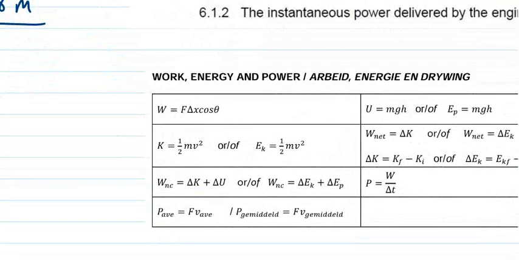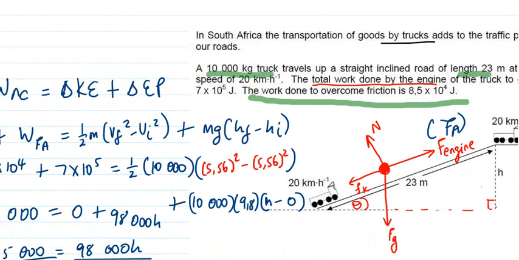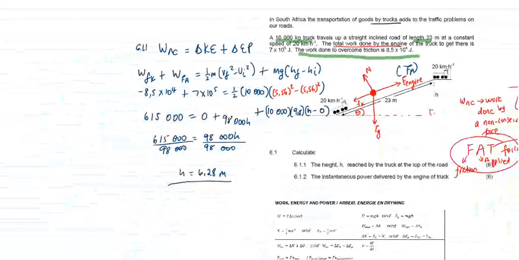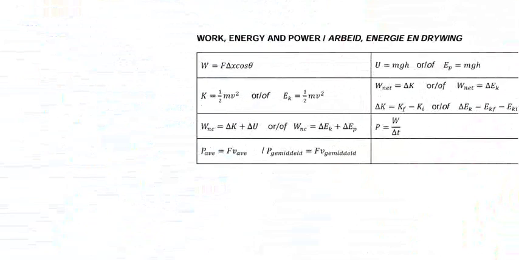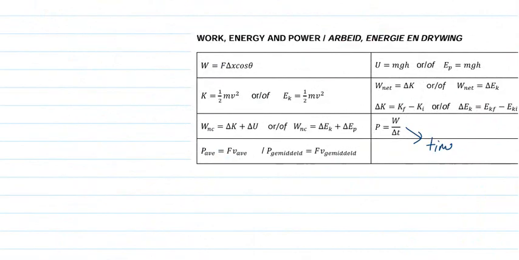You can also use this formula here, right? You're also allowed to use that formula, but you can only use this formula if you have the time. The problem is that here they want the power, but we're not given the time there, isn't it? So if you don't have the time given, then you're probably gonna run to this one.